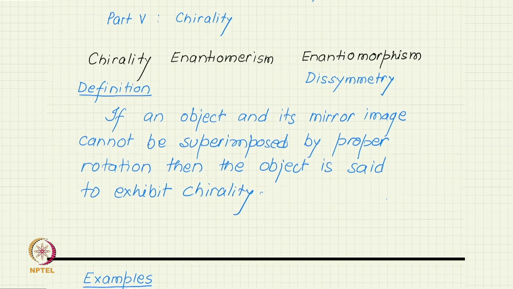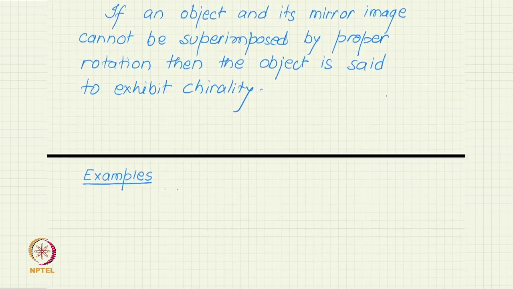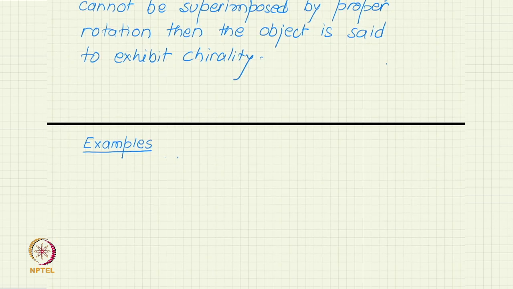So, let us look at some examples, some geometrical example, a simple example we will take. So, let us start with the English letter A. Now, if I create a mirror image of this letter A, I will get another A of this type.